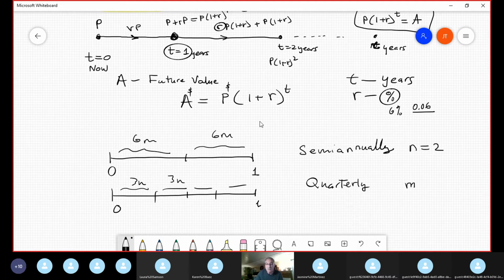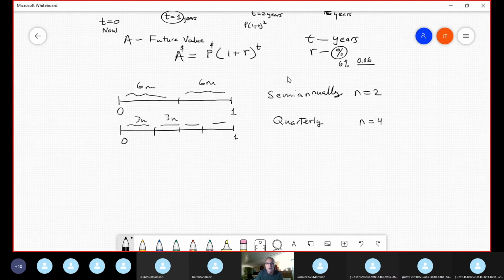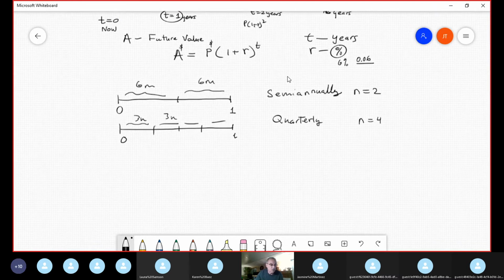The new variable that we introduce here is m. m is the compounding. The idea that I try to convey is, I want to introduce compounding with one letter, m. Suppose m equal 1, this is annual.